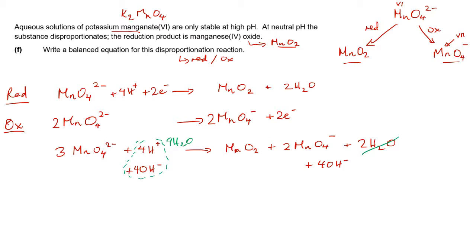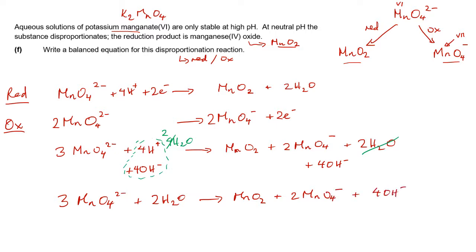Those 2 waters cancel, and the other 2 cancel with 2 of those 4 waters on the left-hand side. We've just about finished, so we can write out the final equation: 3 MnO4 2- plus 2 remaining waters gives us MnO2, 2 MnO4 -, and 4 hydroxides. And there you have it. Hope that's helped.